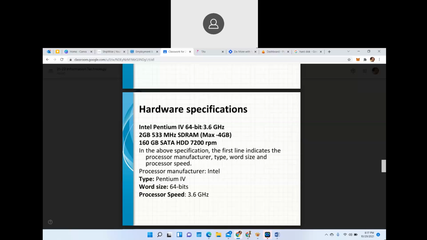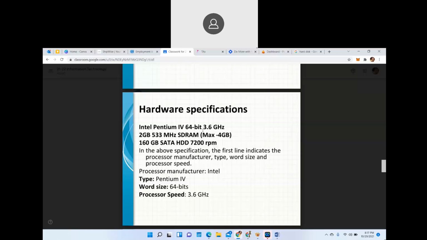When we talk about word size, we talk about how much data it can process at one time. Back in the day, they usually had 32-bit processors, but nowadays they really have 64-bit processors. You don't really need to be concerned about this as much.